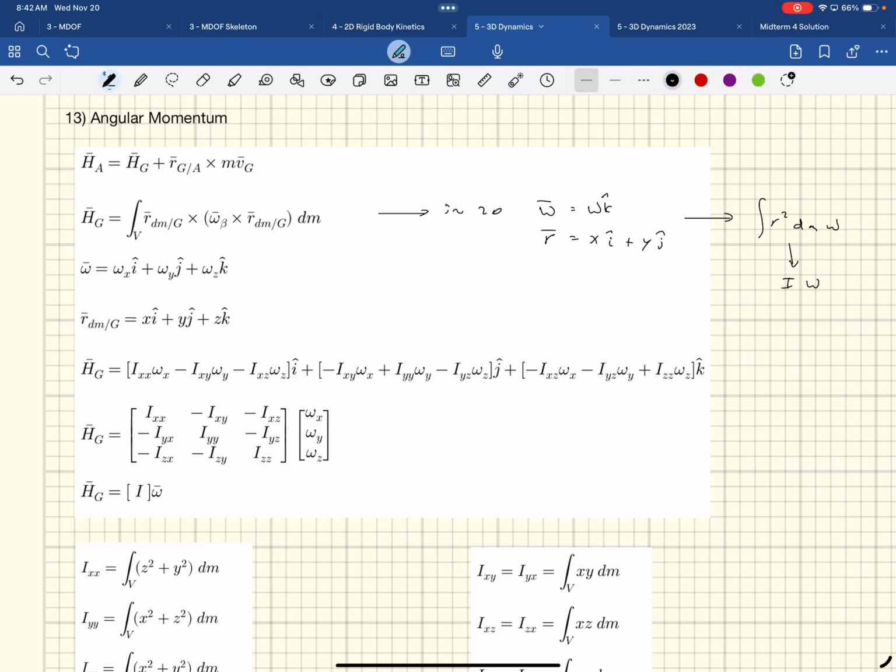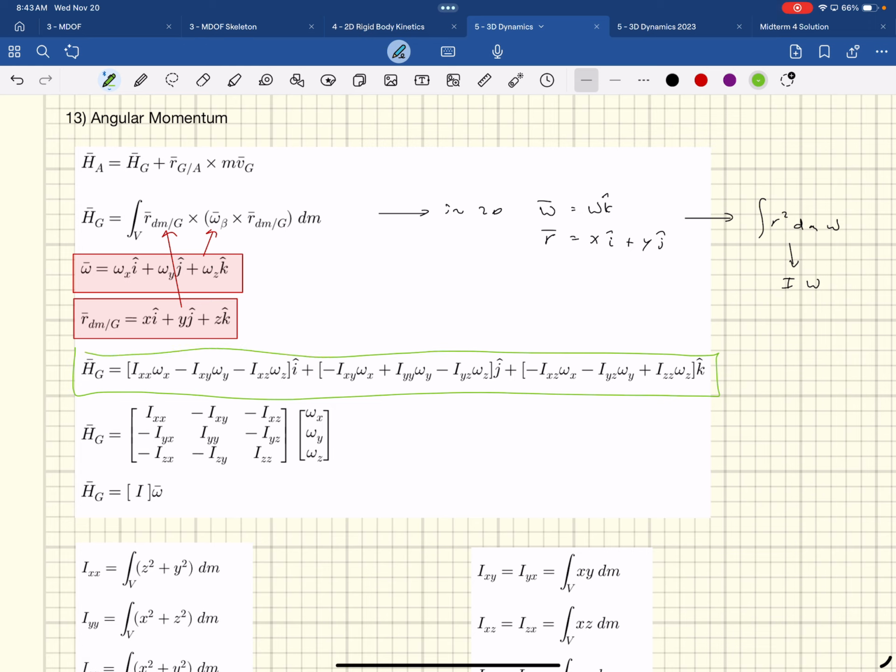Now omega isn't just in two directions. Omega's in three directions, and my r has three components to it as well. So if I substitute this and this, this thing blows up. It becomes this.